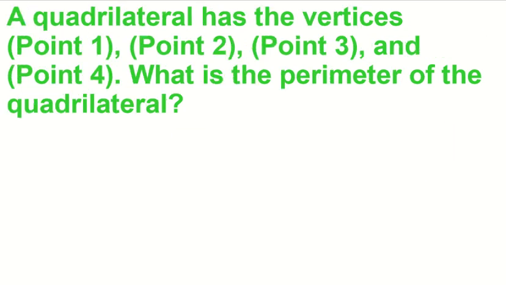All right, the other thing we have to do are these perimeter or area problems. What they do for these is they give you all 4 points, and you have to find either the perimeter or the area.